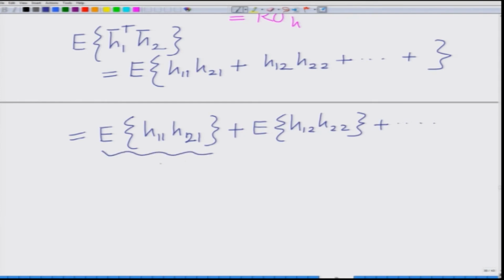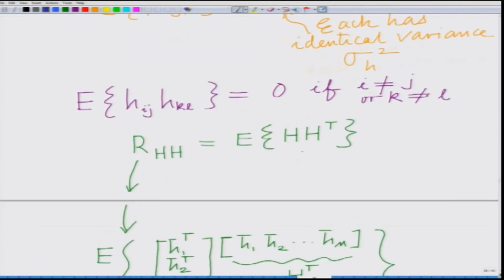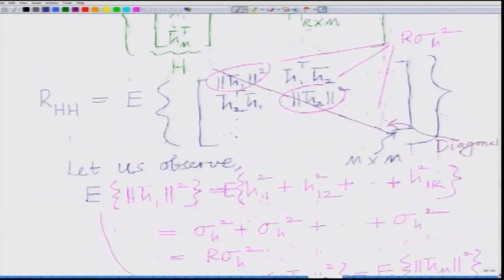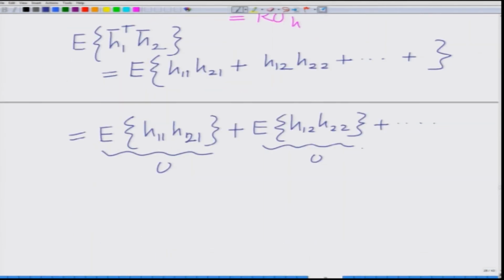Each of these quantities is 0, using the independence, which leads to uncorrelated, that is, the expected value of H_ij H_kl equals 0 if i is not equal to k or j is not equal to l. Therefore all these terms are 0.